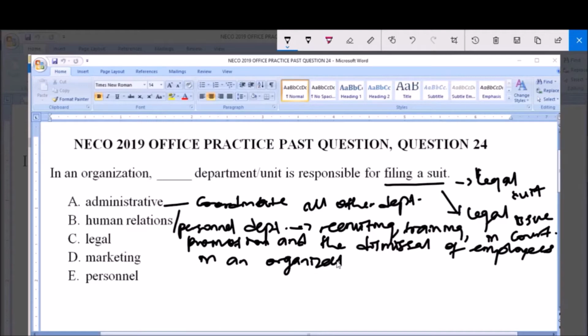So that is the responsibility of the human relations or personnel department.